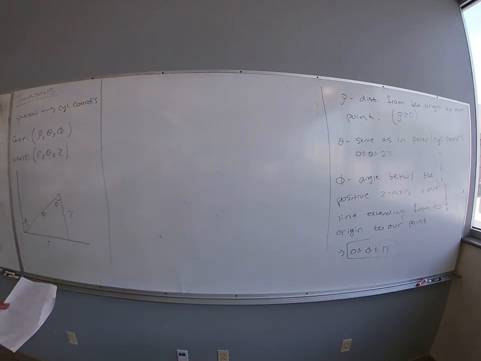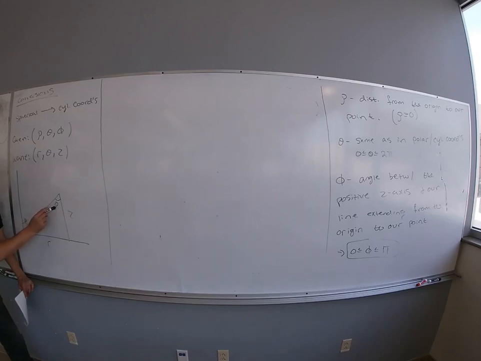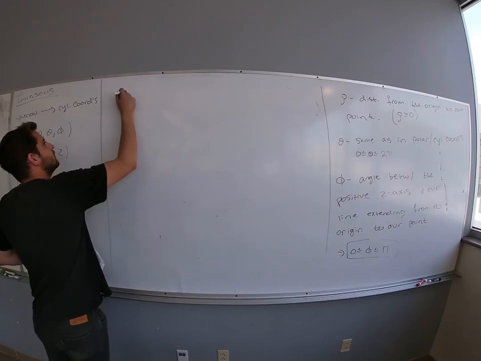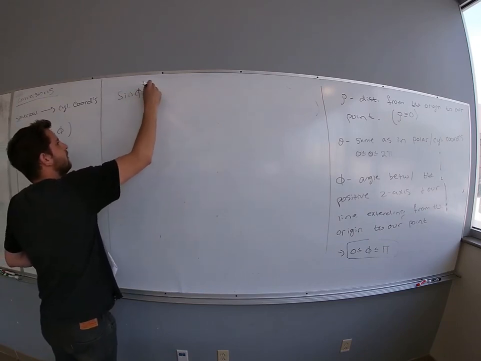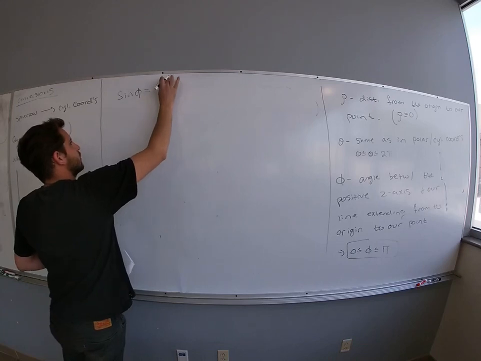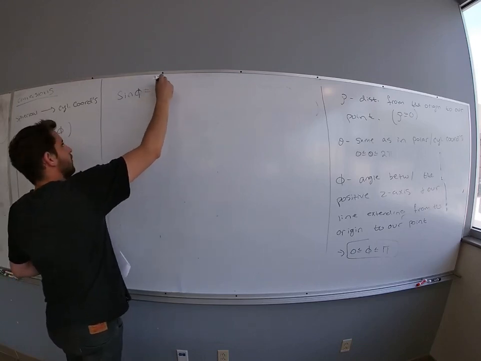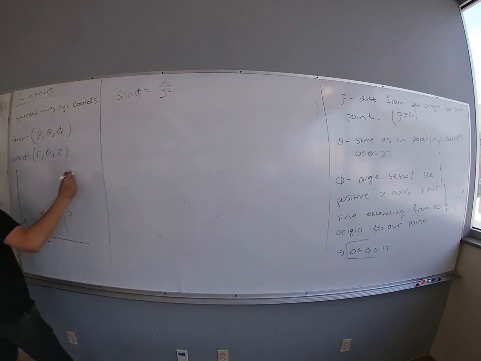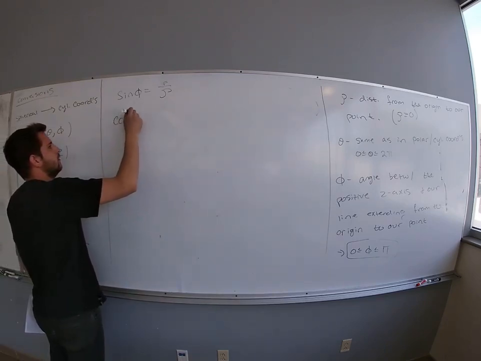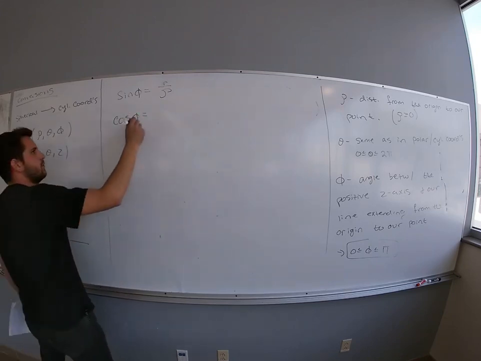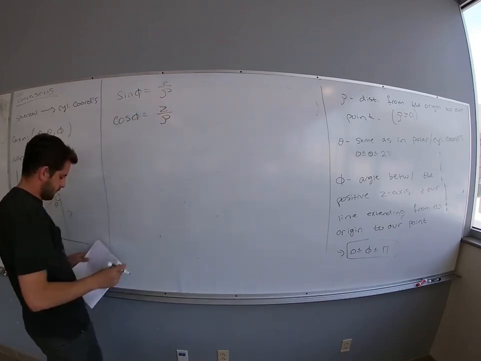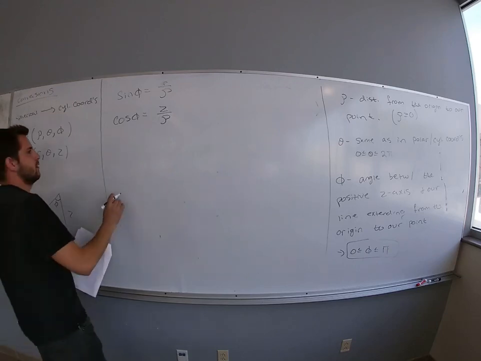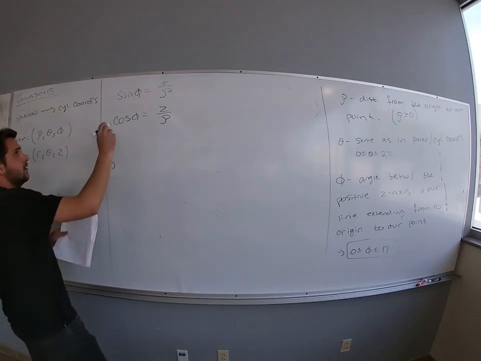Okay, so if I look over here, I can say that sine of phi would be R over rho, right? So let's write that. Sine of phi is R over rho. Correct? What else can I say? I can say that cosine of phi is going to be Z over rho. Okay? So from there, let's look at this one.